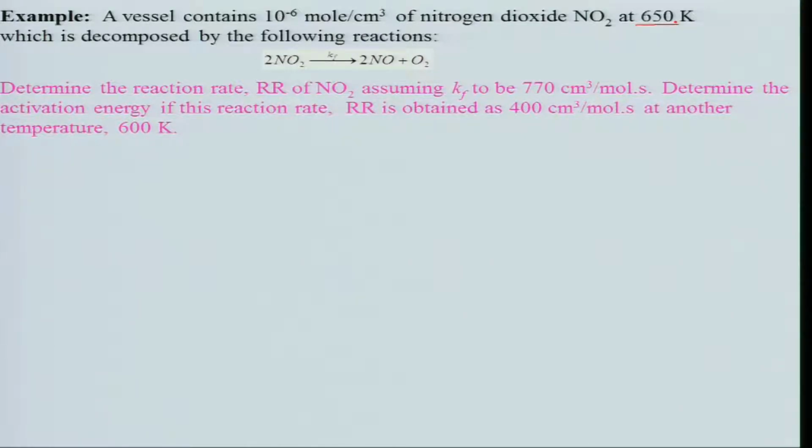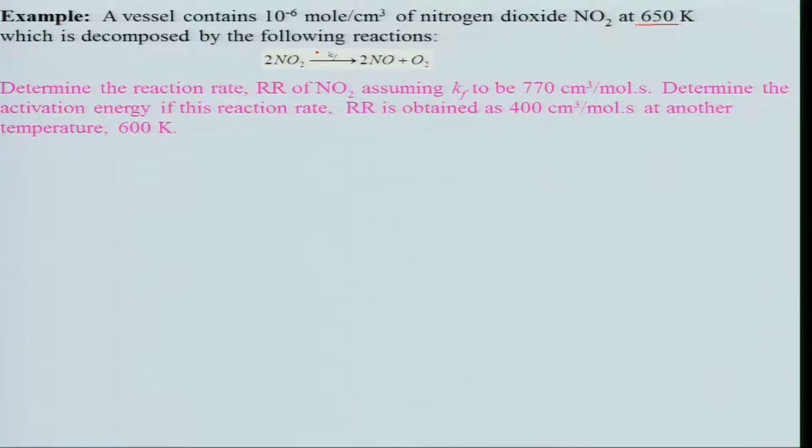If you look at it, it is basically an isothermal reaction which decomposes into the following reaction, that is 2NO2 goes to 2NO plus O2. Keep in mind that this is in one direction; the reaction can also go in the backward direction as well. This is the forward direction, that is the backward direction, but we are considering at this moment only the forward direction.